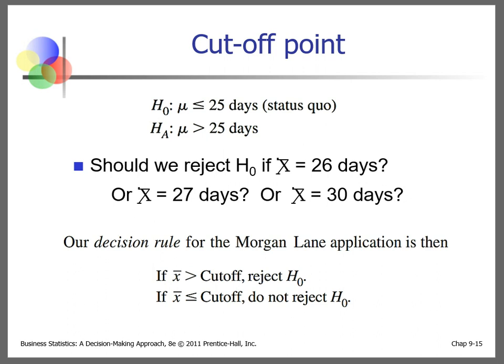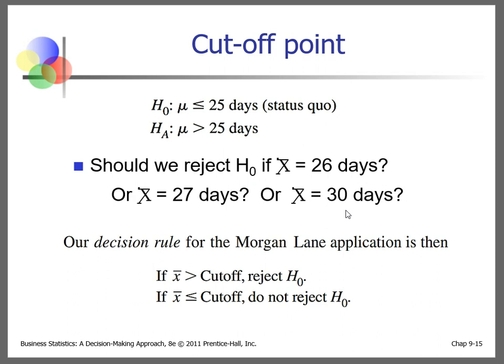However, because we expect some sampling error, do we want to reject H0 for any value that is greater than 25 days? Probably not. But should we reject H0 if the sample mean is 26 days, or 27 days, or 30 days? The question is, at what point do we stop attributing the result to sampling error?